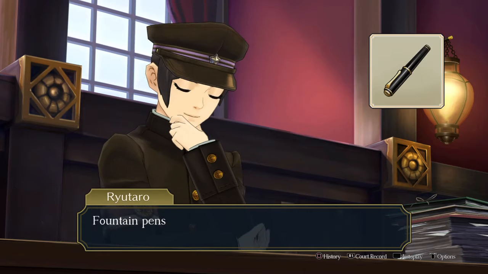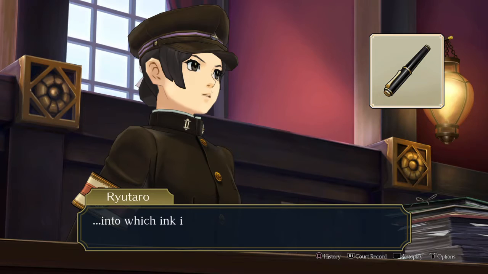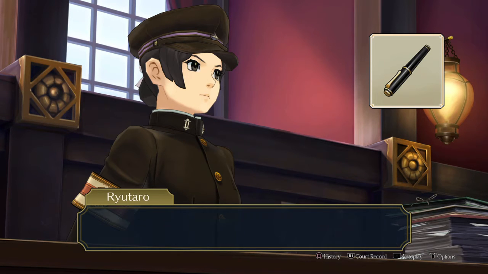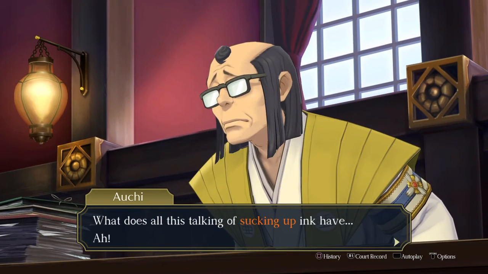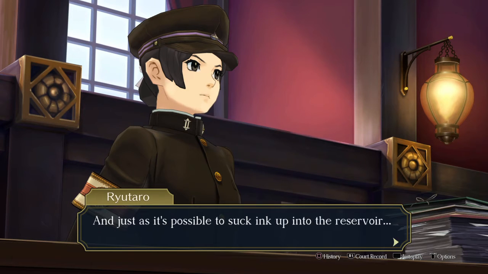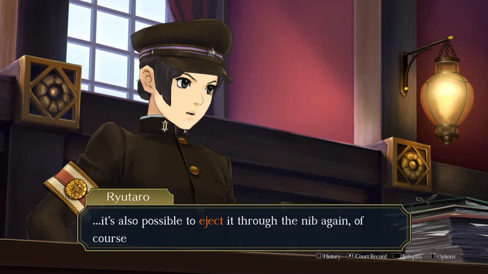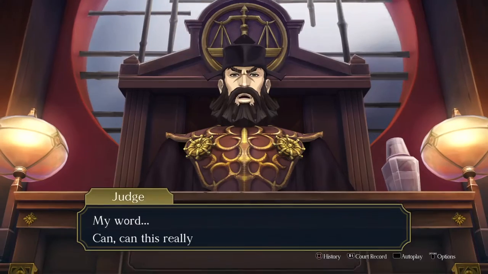That's right. Fountain pens have a small reservoir in the barrel, into which ink is sucked up through the nib in order to write with later. And just as it's possible to suck ink up into the reservoir, it's also possible to eject it through the nib again, of course. My word.